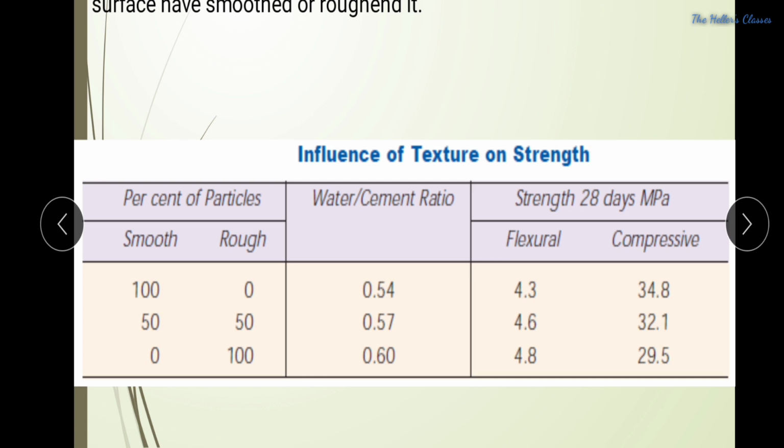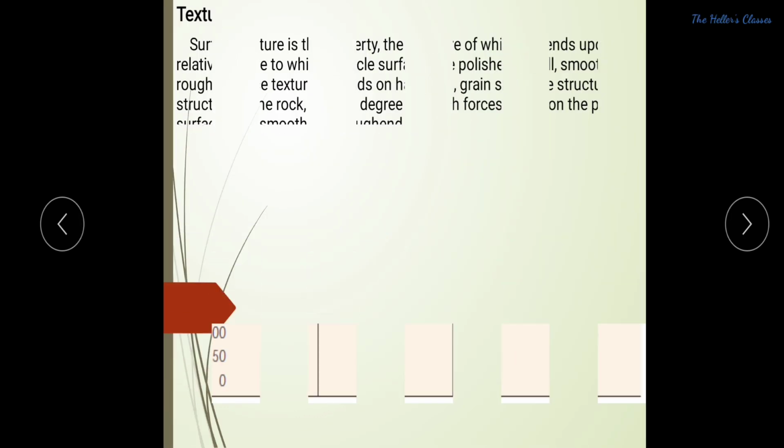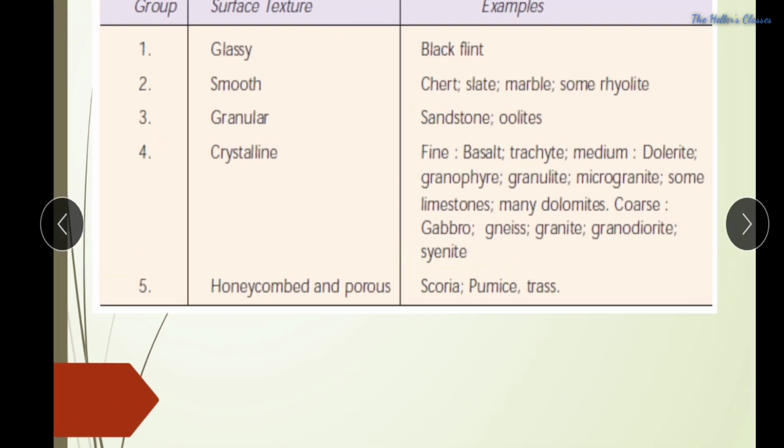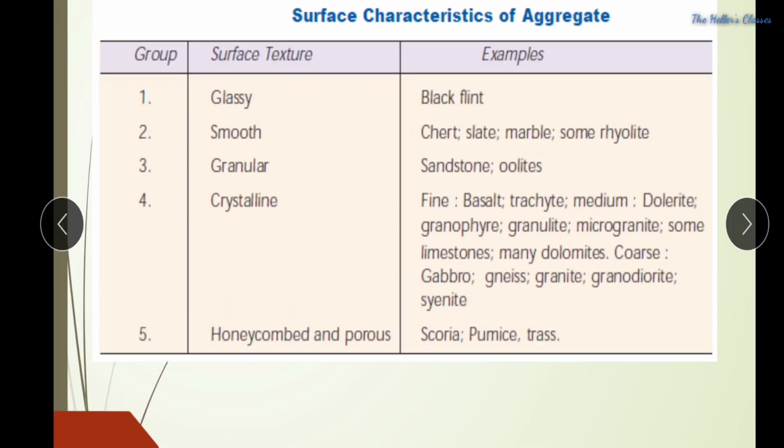That water cement ratio we'll discuss in the next videos, and what that water cement ratio is will be discussed in concrete properties. So if smoothened surface aggregates are there, then the compressive strength will be more or flexure will be less. Based upon this it will vary.